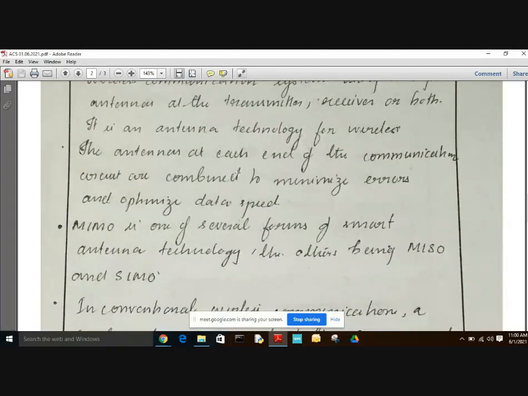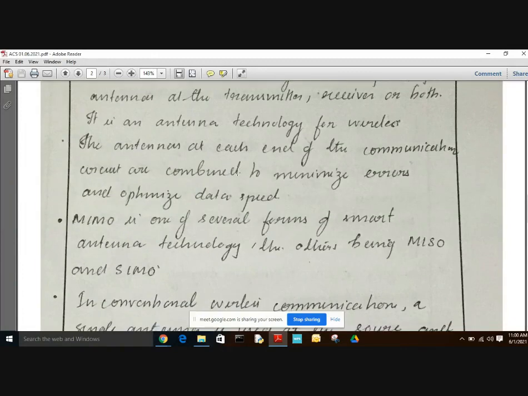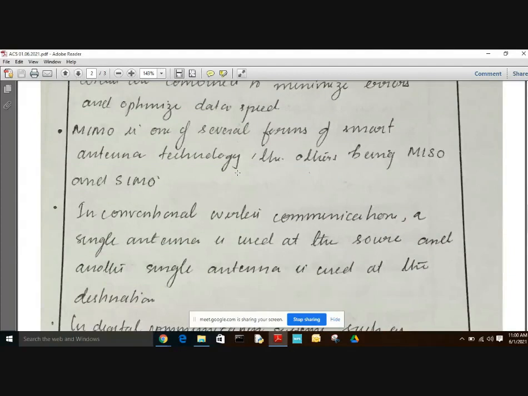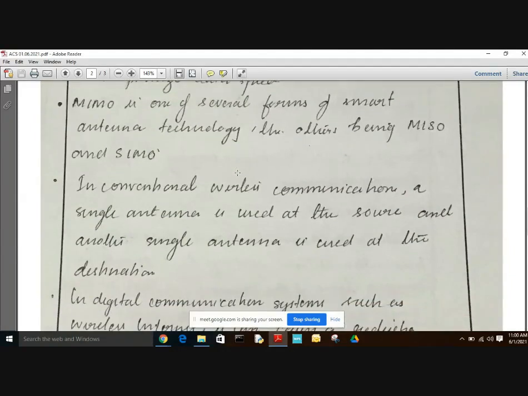MIMO is one of the several forms of smart antenna technology, other than MISO and SIMO, that is multiple input, single output, and single input, multiple output. In a conventional wireless communication system, a single antenna is used at the transmitter and at the destination.